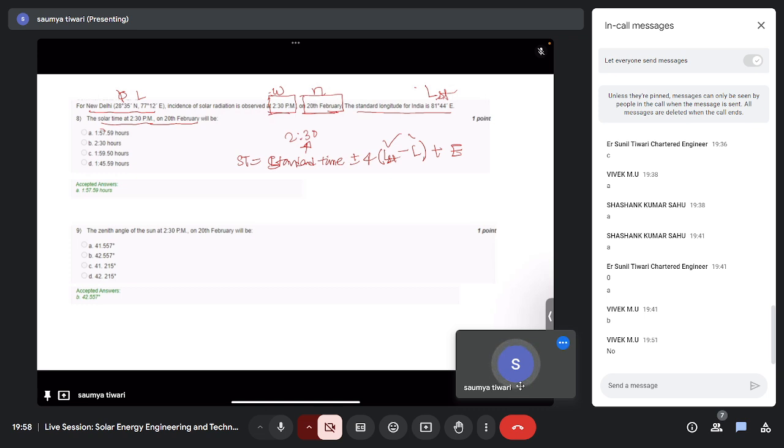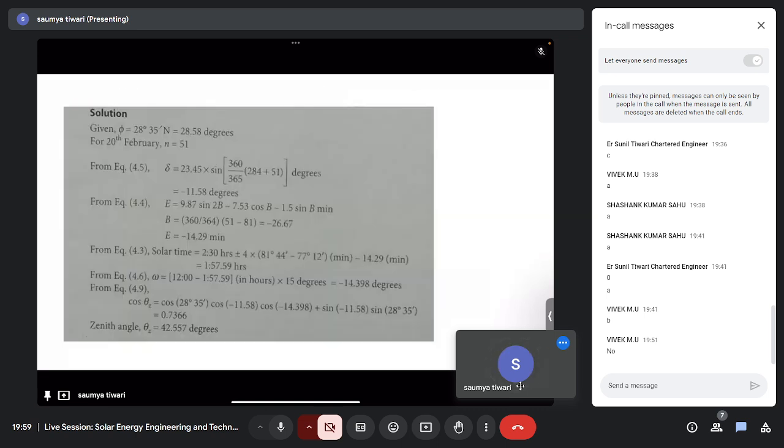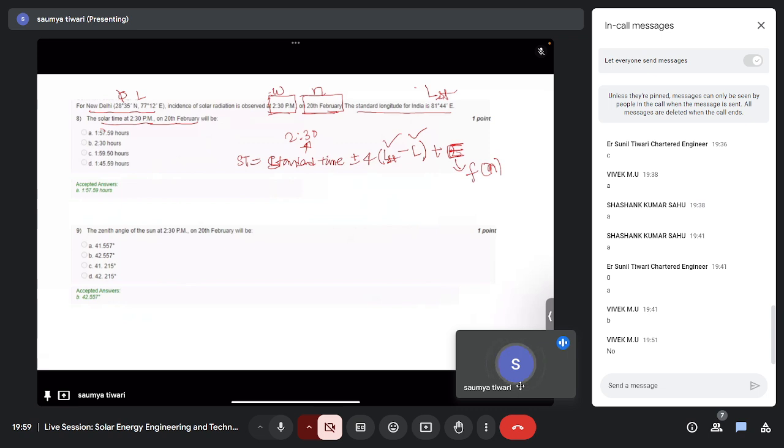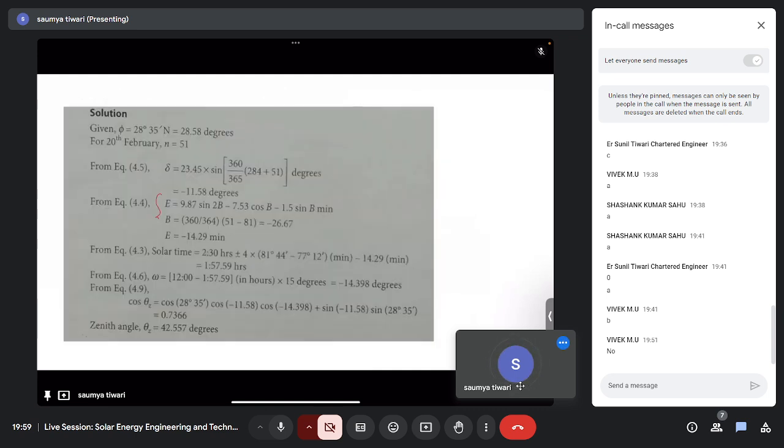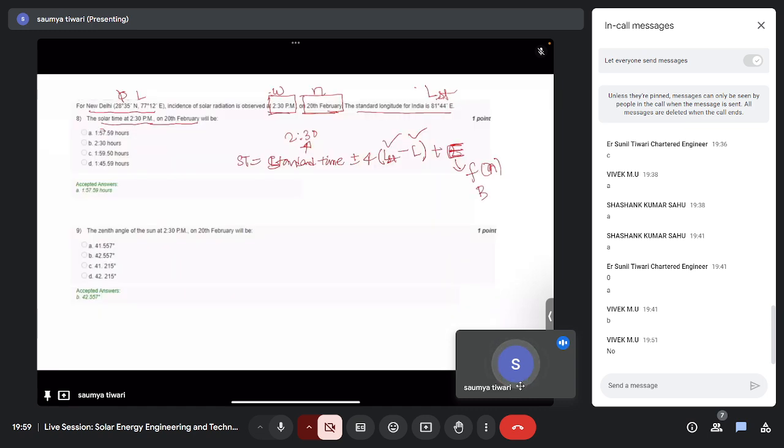What we have to calculate is this parameter E, the correction factor, and E is a function of N. First we'll calculate B, which will be (N minus 1) upon 360 into 365, I think, if I'm not wrong.